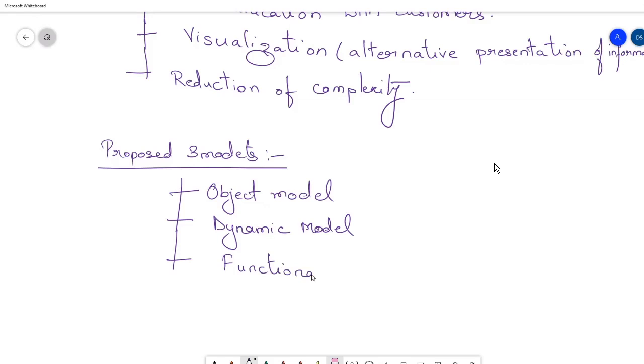These would help us design a better layout of the project. So let's discuss the object model, dynamic model, and functional model in detail.